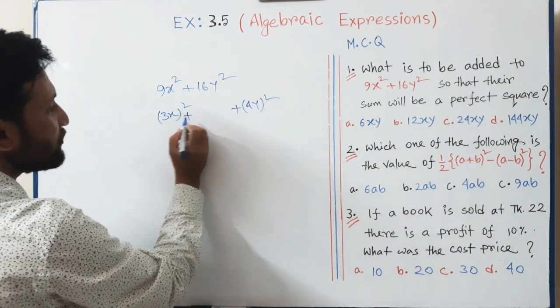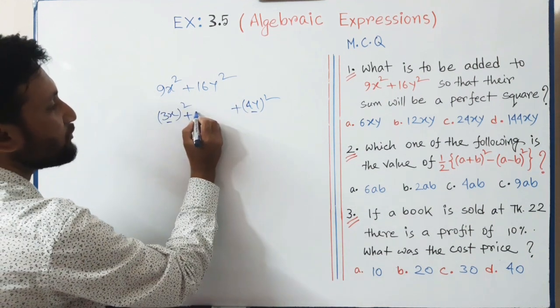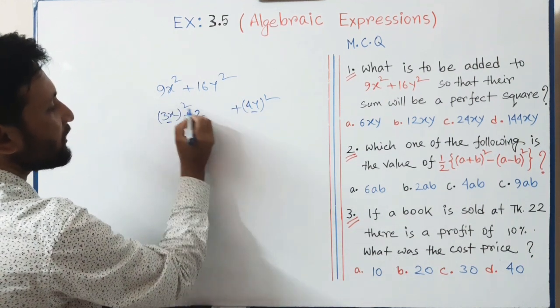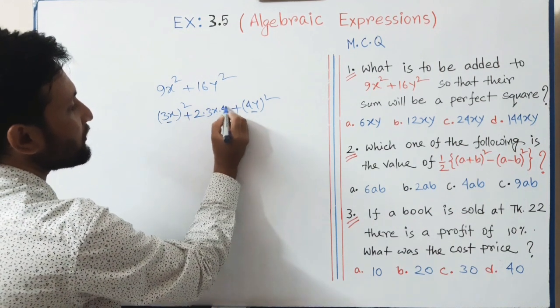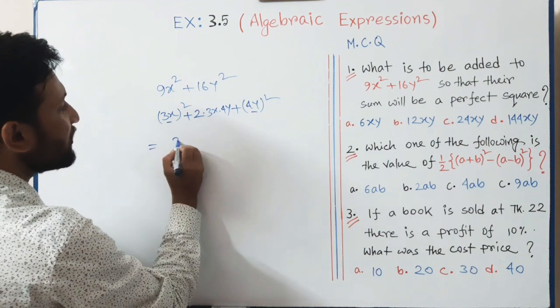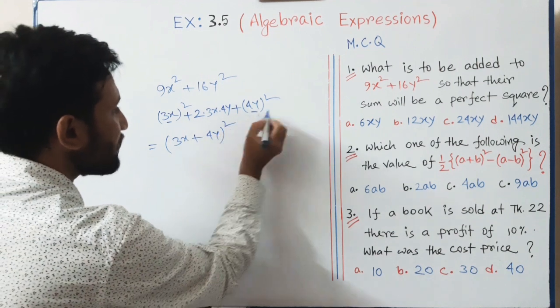If you imagine this is A and this is B, then we know the formula A square plus 2AB plus B square, so you can say 3x plus 4y whole square. So that is a perfect square.